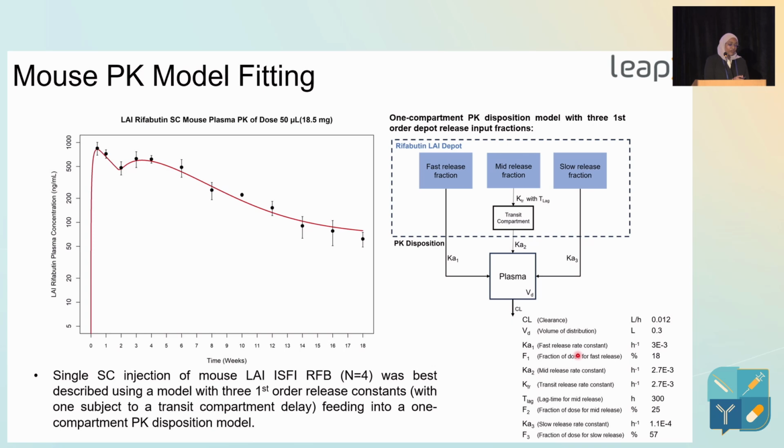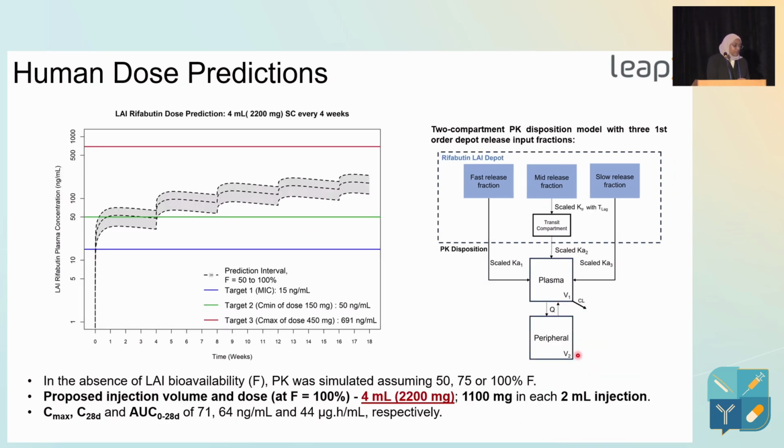The mid-release fraction was delayed by a transit compartment. Similarly, the right diagram is the human model, with the same rifabutin long-acting depot release but with scaled parameters, fed into a 2-compartment PK model.